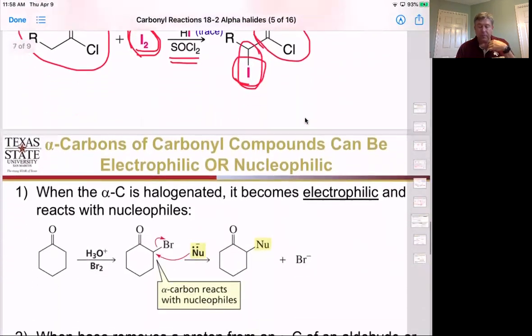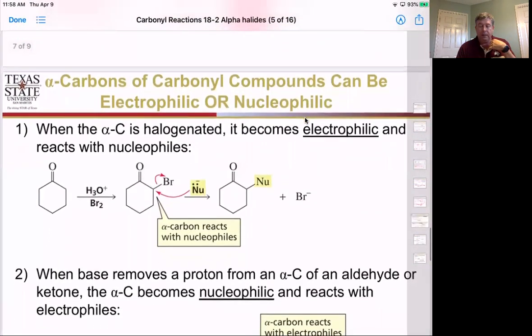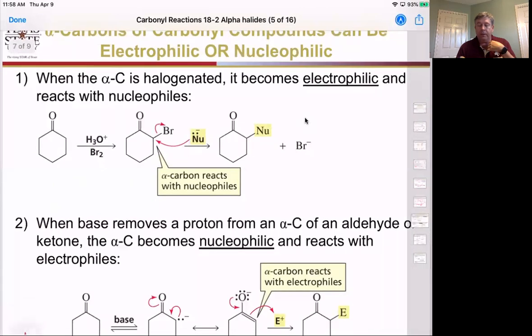Okay, so let's look at whether and how we can use these alpha carbons as nucleophiles or electrophiles. So one thing we can do is generate this alpha halo compound, or alpha bromo compound, and then we can displace it using a nucleophile to give us an alpha addition product here.